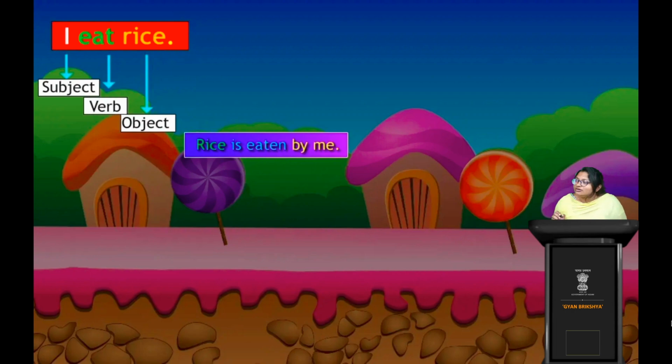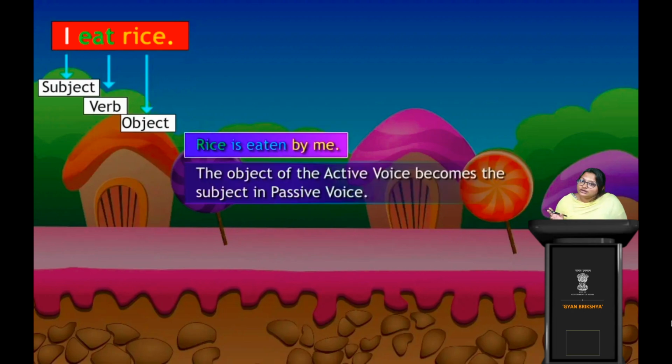Now, the object of the active voice becomes the subject in passive voice. I told you Columbus discovered America: Columbus is the subject in active voice, and this becomes the object in passive voice. America was discovered by Columbus. Similarly, the object in active voice becomes the subject in passive voice. Clear?